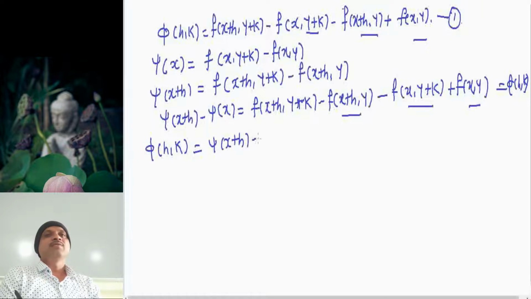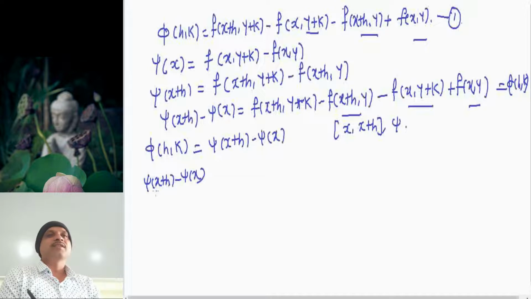Applying the mean value theorem over the interval [x, x+h] for the function psi, we have [psi(x+h) - psi(x)]/h equal to psi dash at x + theta 1 h. Hence phi(h, k) equal to h into psi dash of x + theta 1 h.